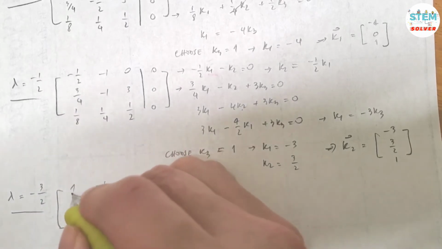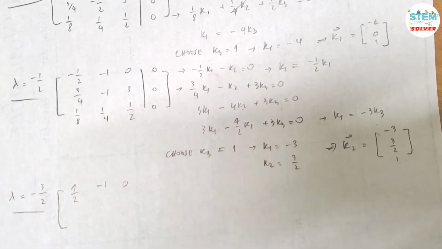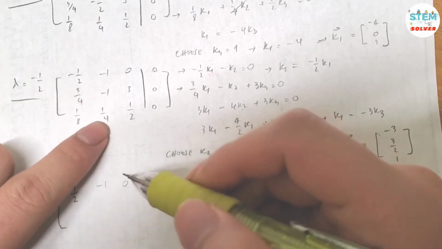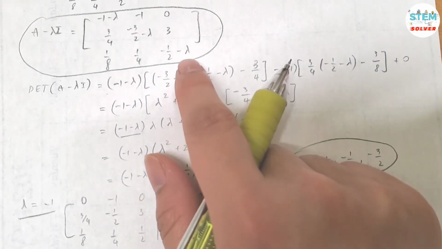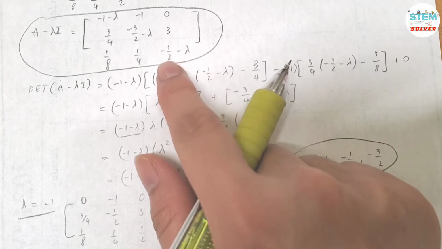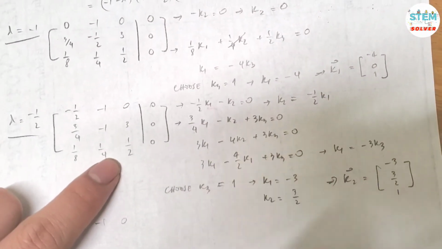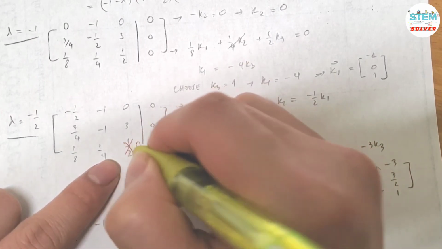This should be 1/2. Let me double check. Oh, bad. After I check this matrix, I figure I got something wrong. If I plug in lambda equals negative 3/2, I have negative 1/2 minus negative 1/2, that gives me 0 and not 1/2. So this should be 0.